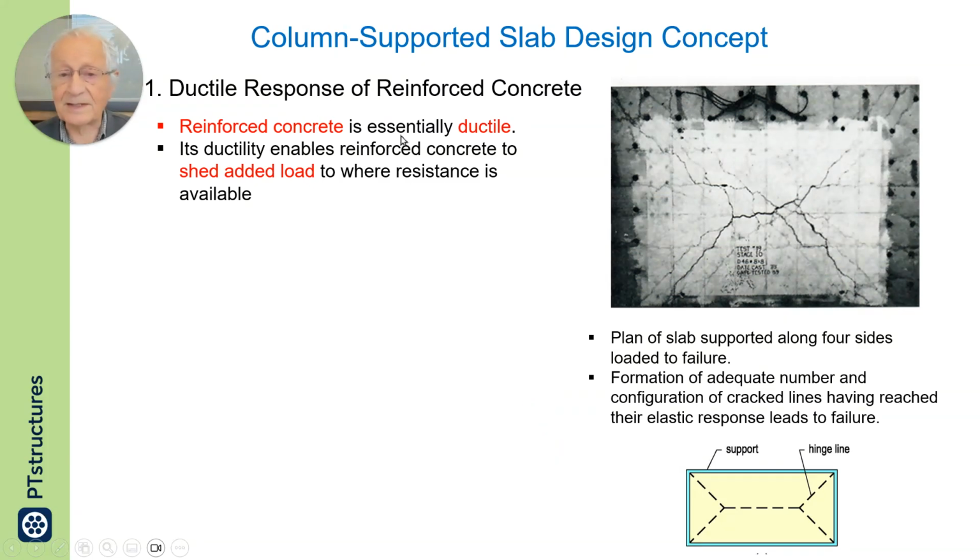Reinforced concrete is essentially ductile. It is designed as a ductile member and responds in that fashion essentially. Its ductility enables reinforced concrete to shed added load to where resistance is available.